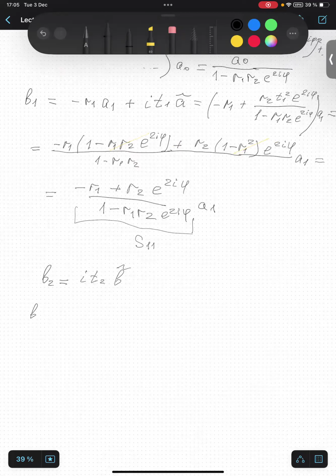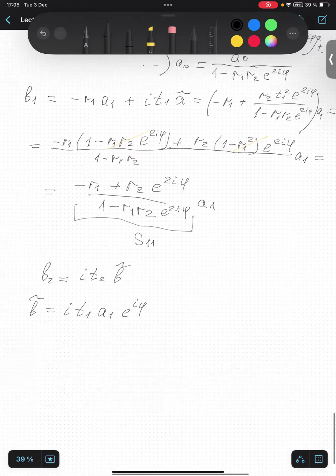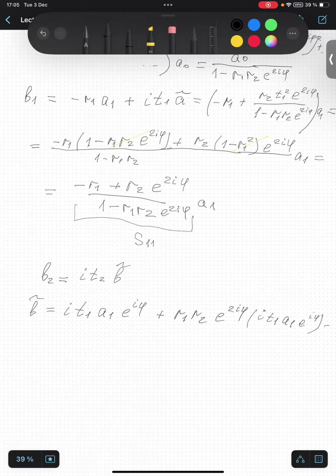Well, let's quickly do it. i T1 A1 e^(i phi) plus R1 R2 e^(i phi), the same i T1 A1 e^(i phi), and again like previously, so on and so forth.